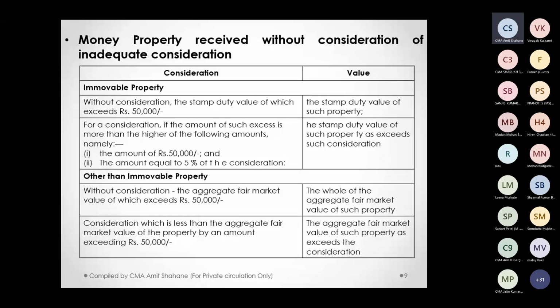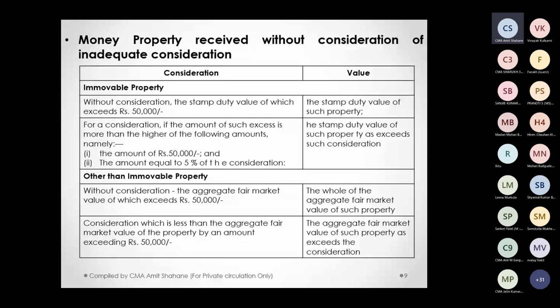So first, let's take a case that I have received an immovable property. Now, if the stamp duty value of this property is less than 50,000 rupees, then nothing is chargeable to tax.